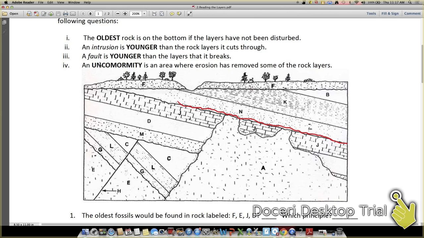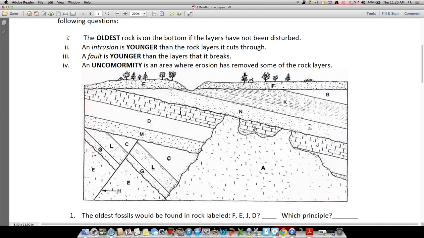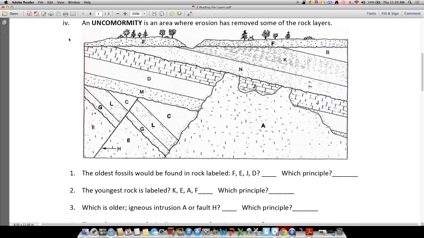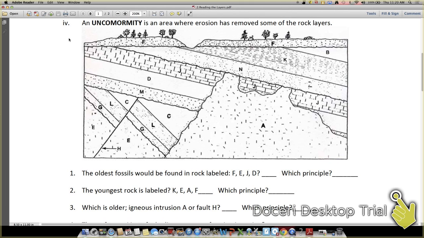All right. So what were the things that I told you that you needed to do first before identifying the layers of the rock? Identify features. So that's one of the first things that we need to do. So let's look at this picture and do just that. What are some of the features, if there are any on there?